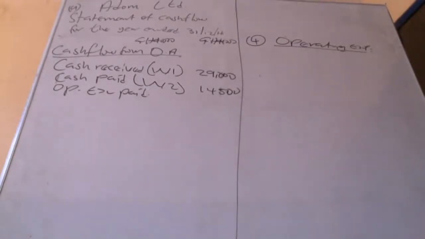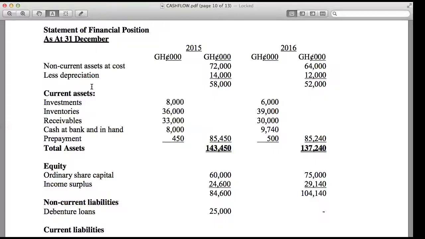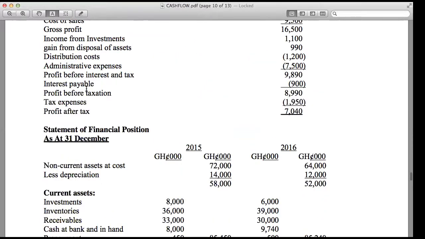So let's go to the question. So the operating expenses, they are distribution. Yes, there are only 2. That's the distribution and admin expenses. These are the operating costs. Then what do you do?